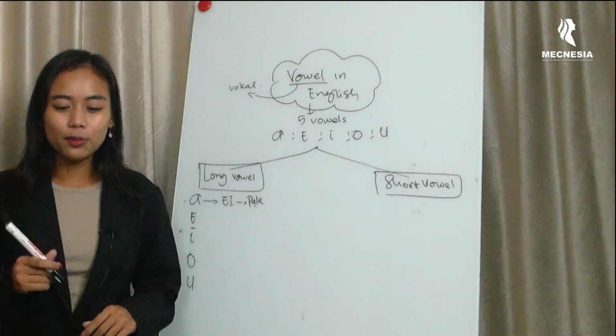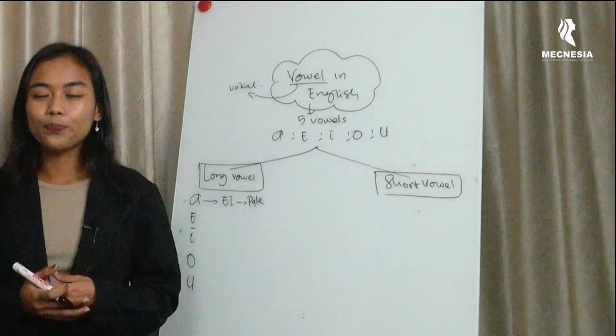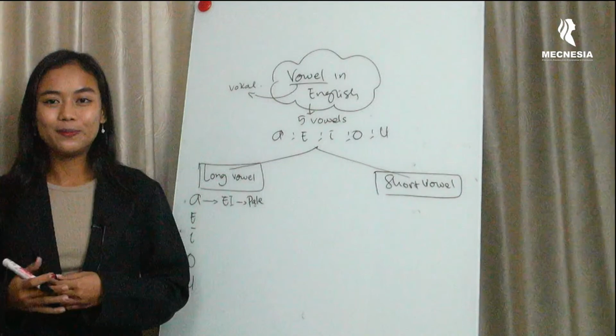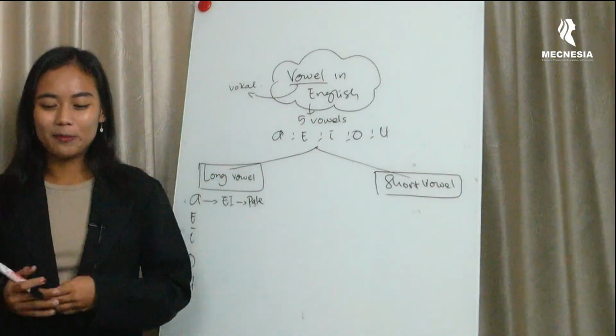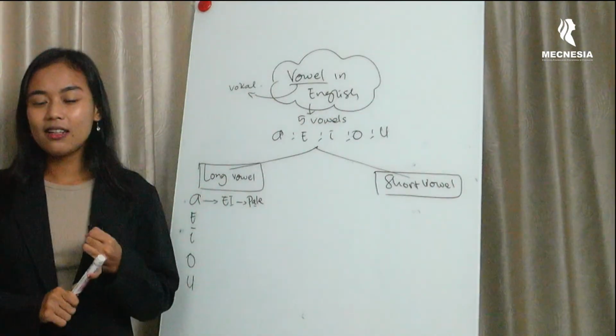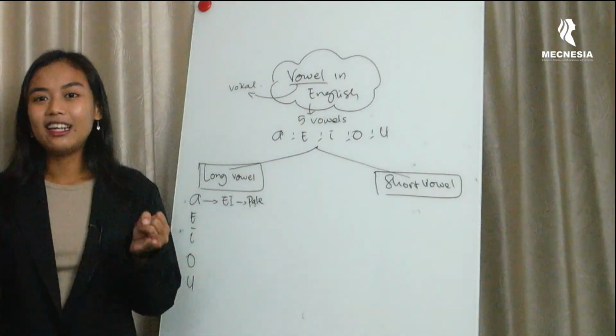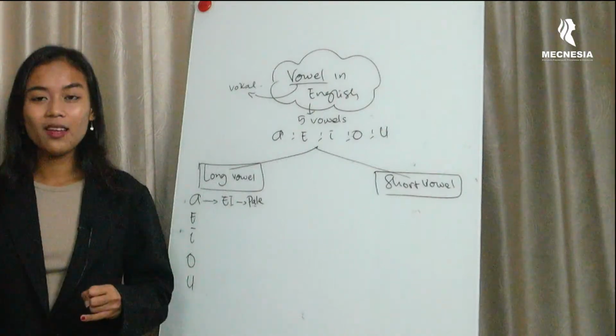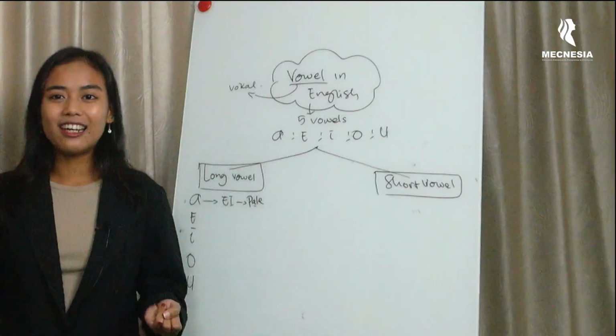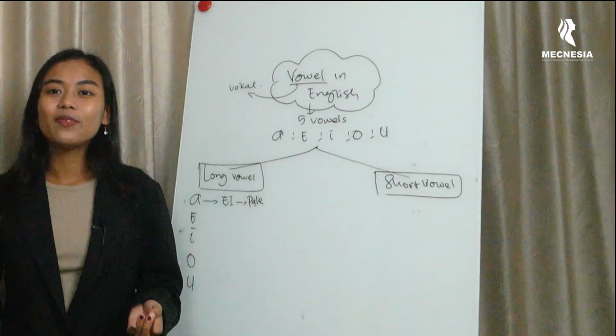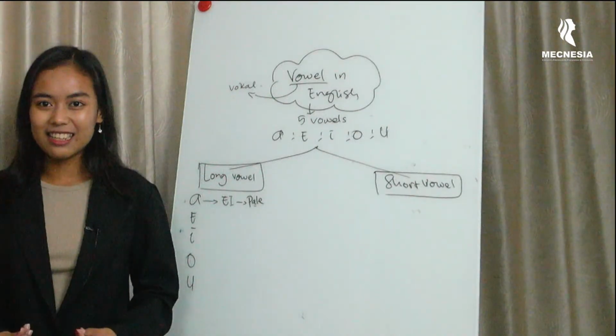And the last, in the word maelstrom. So we have veil, maybe, maelstrom. Veil, it means gagal. Maybe, mungkin. Maelstrom, it means pusaran air.